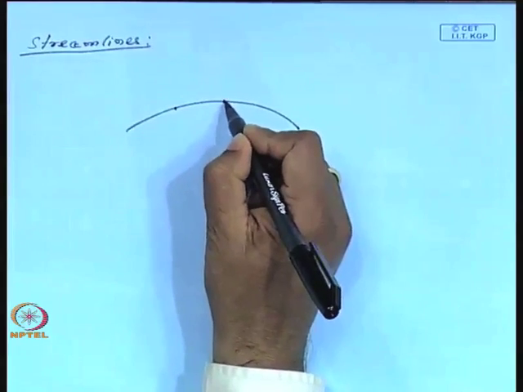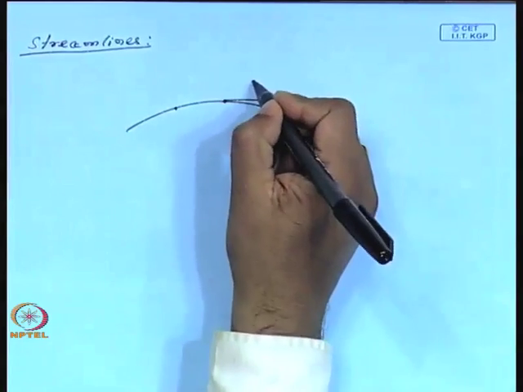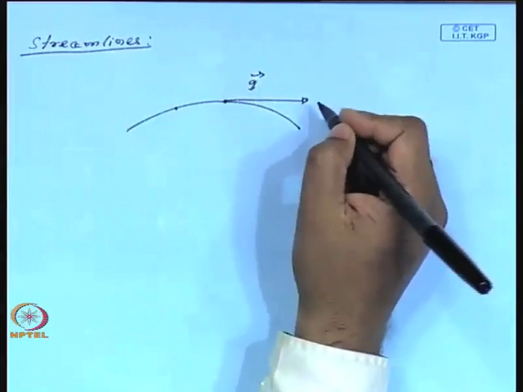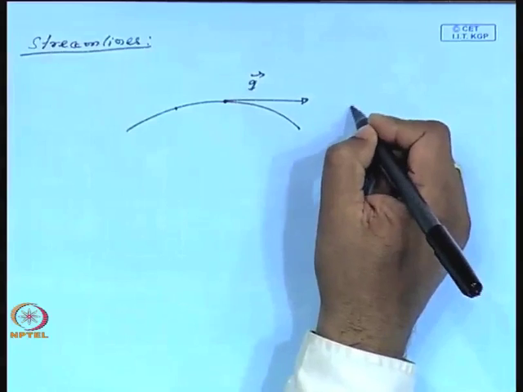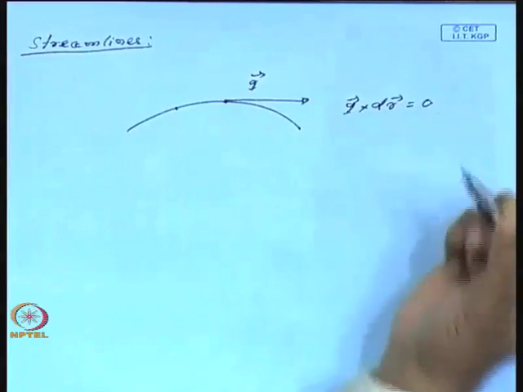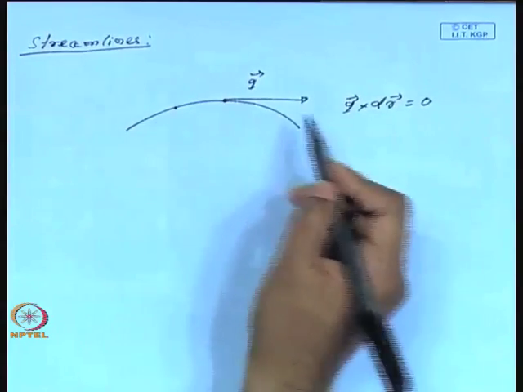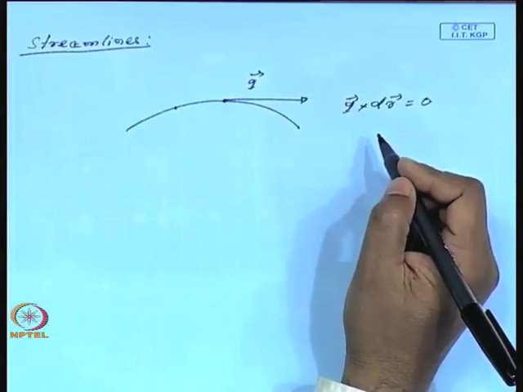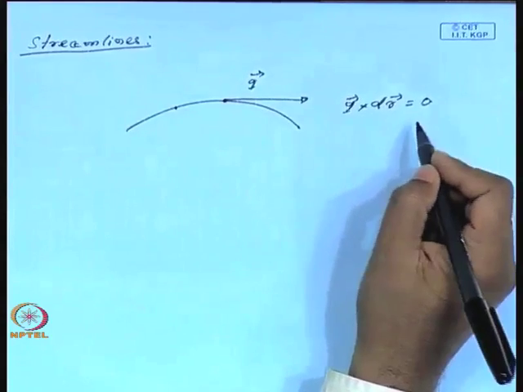At a particular point, let us draw a tangent to this curve, and if the velocity vector q bar is in the same direction as the tangent, that means q bar cross dr bar equals 0, and then this curve we call a streamline, because along a streamline it gives the direction of the flow of the fluid.